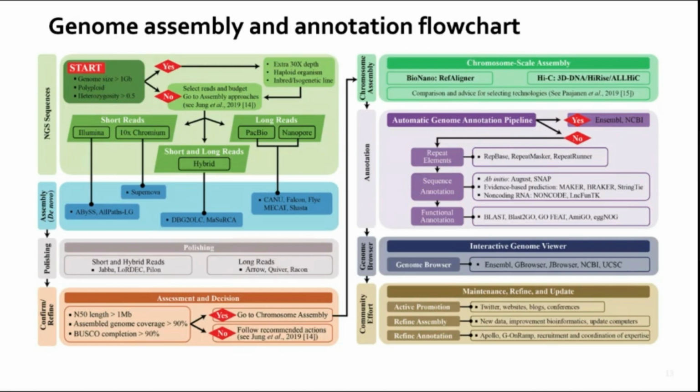Once BioNano gives you the optical maps of your entire genome, you will be able to realign with whatever previous assembly is there and see whether the orientation of your particular genomes is correct or not.